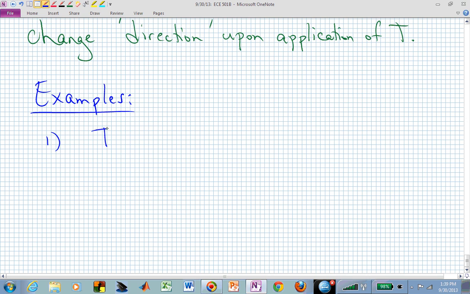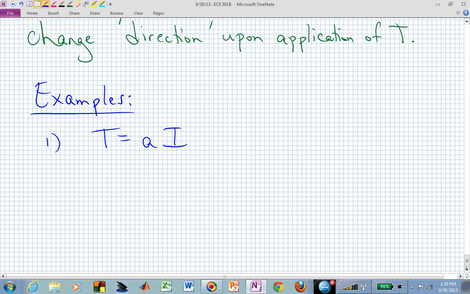Suppose that somebody says, what if we define a matrix T that's an identity matrix scaled by a scalar A? What kind of eigenvalues and eigenvectors do we have for such a linear map?